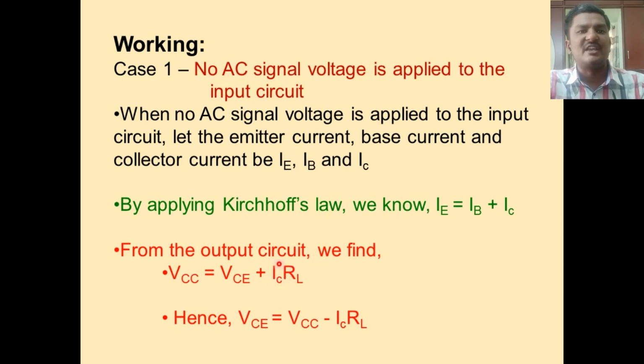So VCC equal to VCE plus IC into RC or RL. From this mathematical expression, we can write VCE equal to VCC minus IC into RL. Note down, VCE equal to VCC minus IC into RL. We can analyze this mathematical expression.